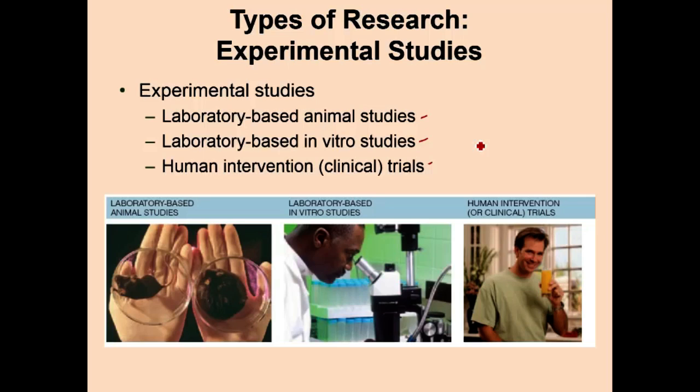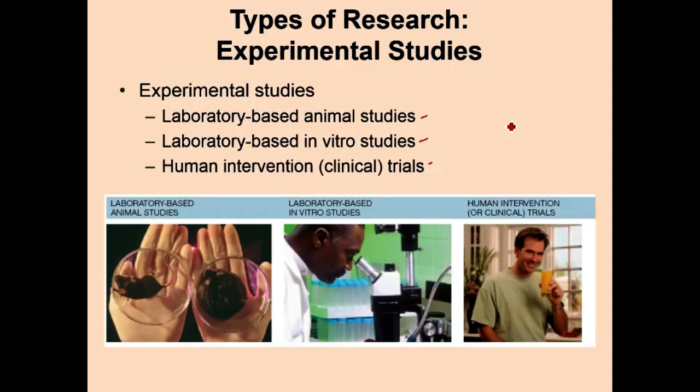Also, we cannot use certain treatments for clinical or ethical reasons. What the researcher may want to do with an animal cannot be done to a human for ethical reasons. So there are some weaknesses to these types of experiments as well.